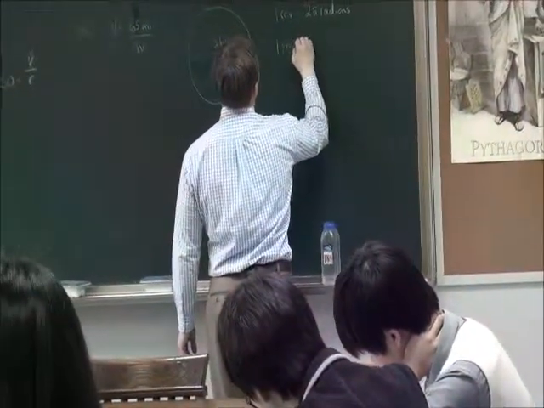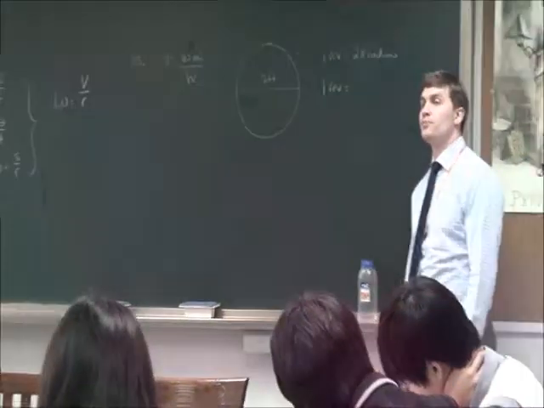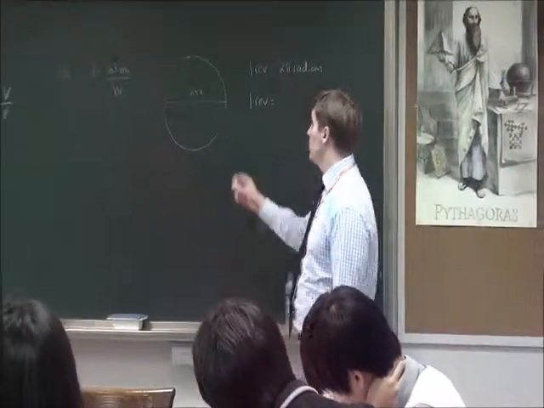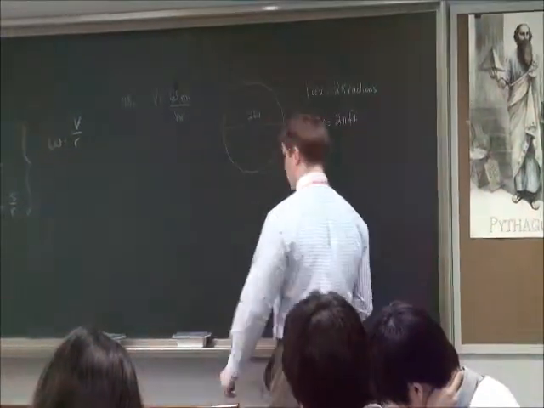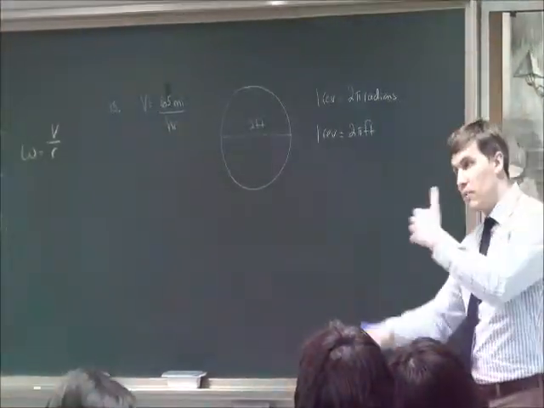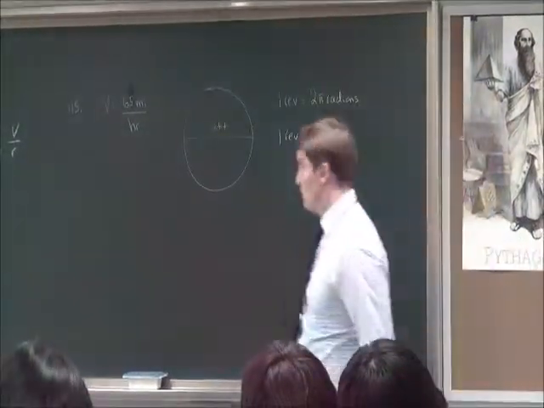If you think about it in terms of a linear distance covered, it covers 2 pi feet every time that wheel goes around. We go through 2 pi radians every time the wheel goes around.